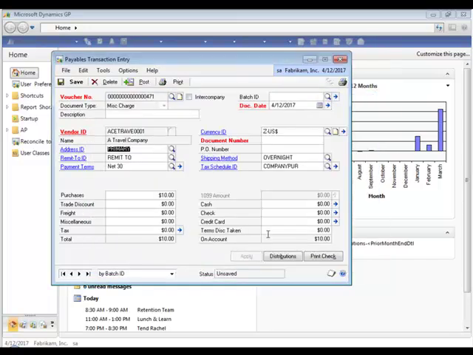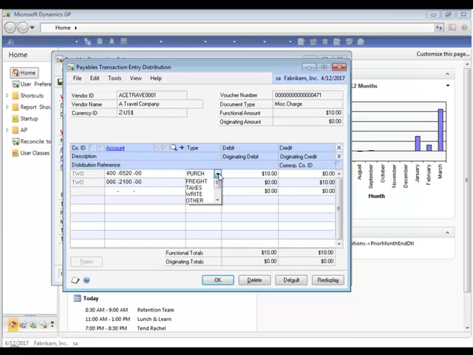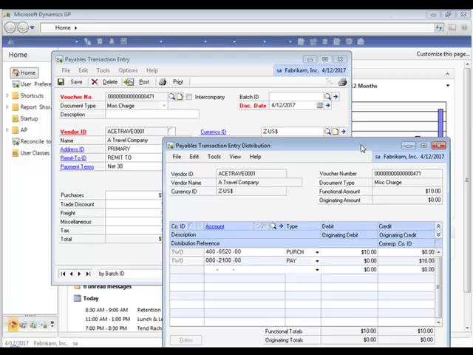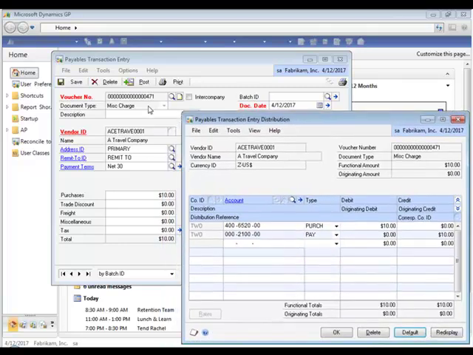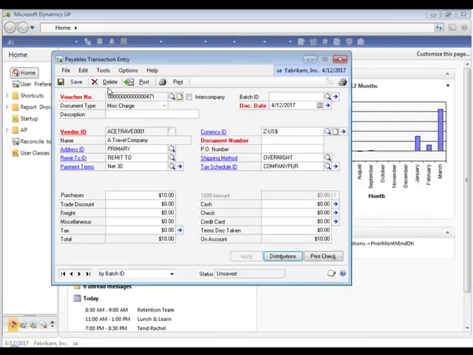We drop in our Ace Travel vendor. Then that purchase will show up as a purchase here, but on this other screen, it is being tracked as a miscellaneous charge. So they tend to go to purchases. Let me clarify a little more here and see the difference.